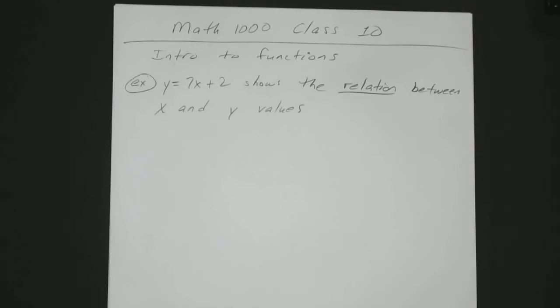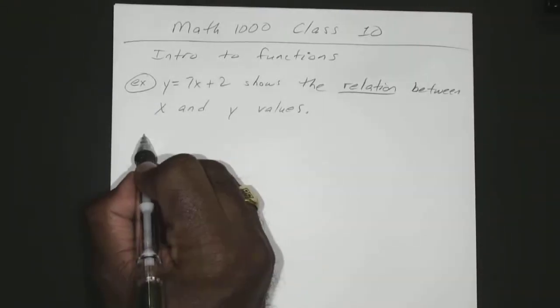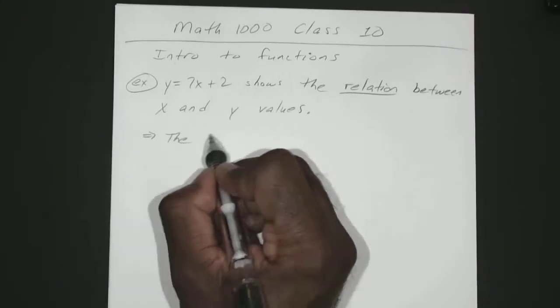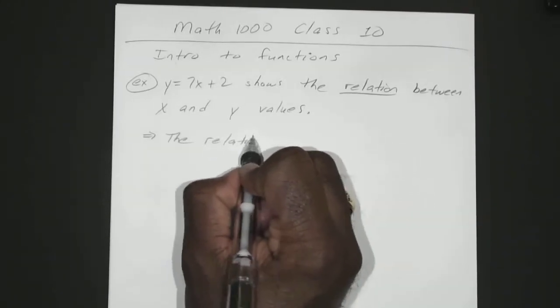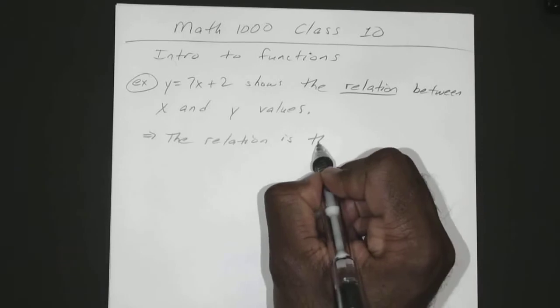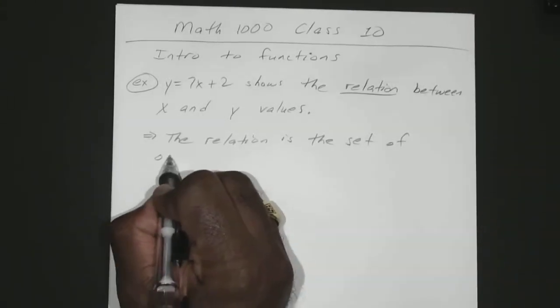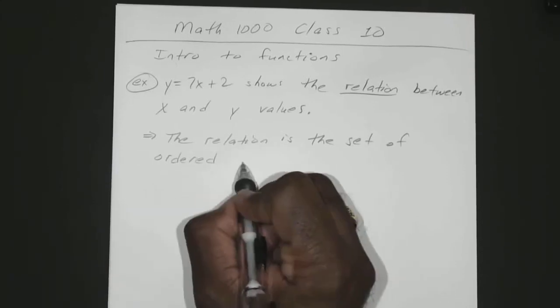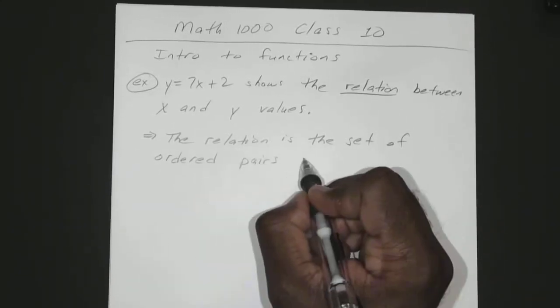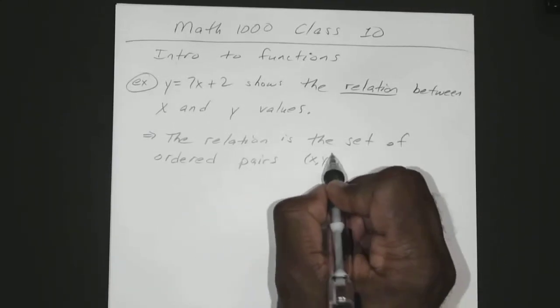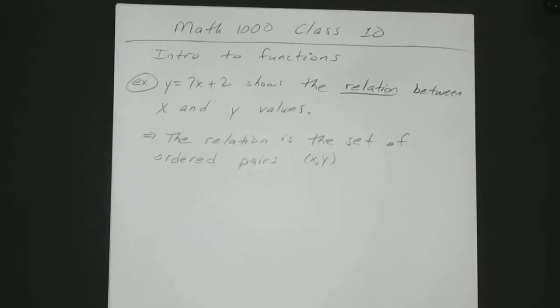And that relation is usually set up as an ordered pair. It's a set of ordered pairs, x comma y.